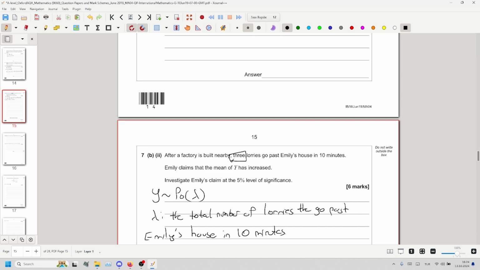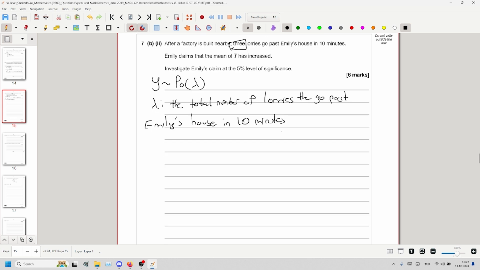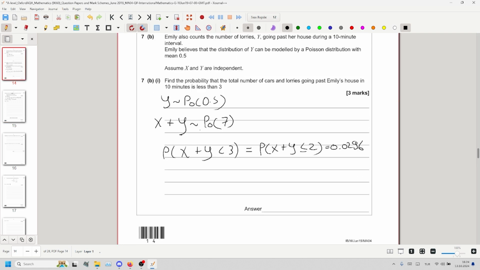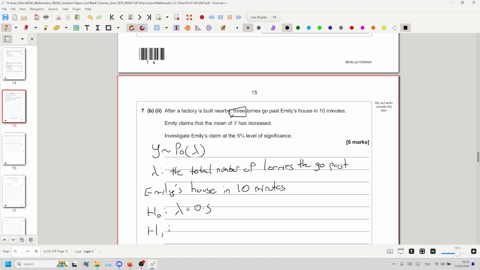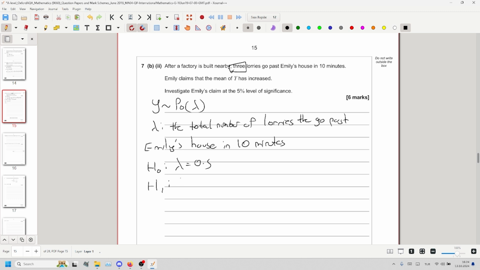All right, now let us state our hypotheses. The null hypothesis is that the lambda value has not changed at all, so lambda is 0.5. The alternative hypothesis is going to be Emily's claim, which claims that lambda has increased. So lambda is greater than 0.5.